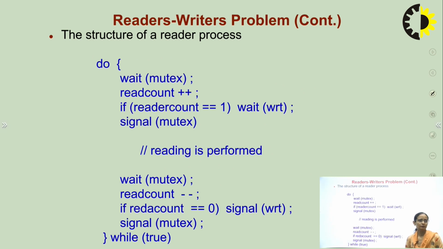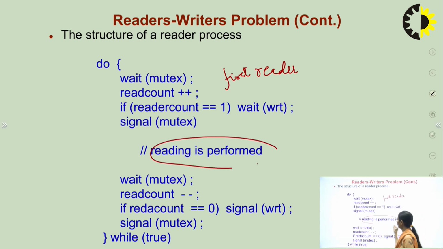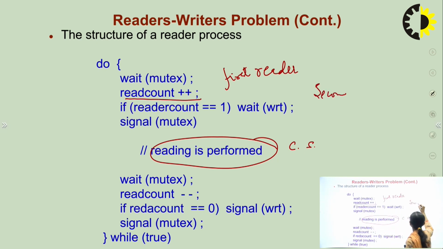This is the code for the reader process. When the first reader process wants to enter into the critical section, this is the critical section part. What we need to do is increment the read count variable by 1. Now suppose a second reader comes, it will also increment the read count variable by 1.